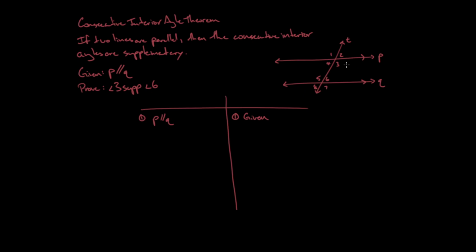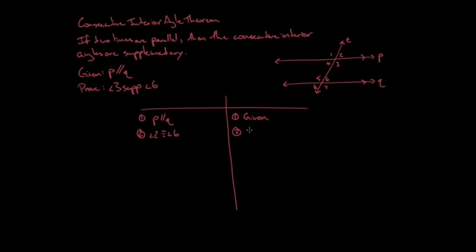Let us start off by linking together these sets of angles up here on P and the set of angles down here on Q. So statement number 2 will be that angle 2 is congruent to angle 6.